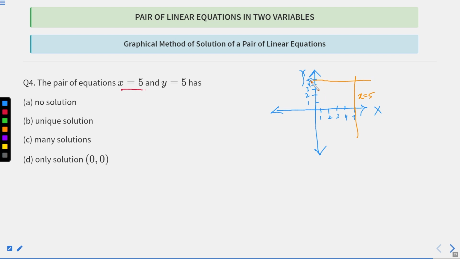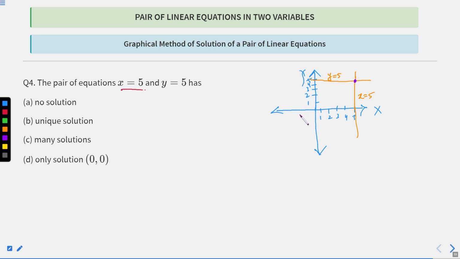Here you can observe that at this point they are intersecting.